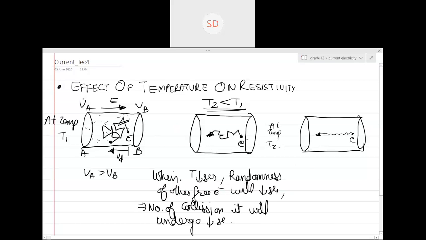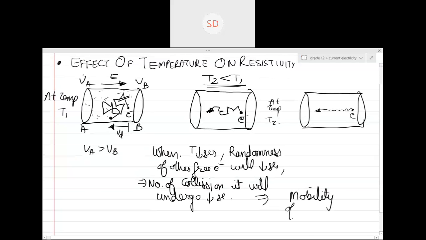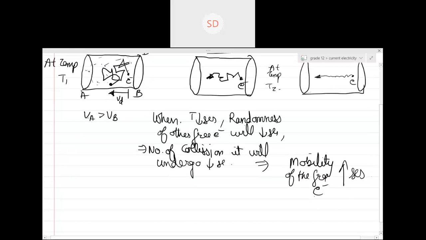So always remember, when temperature decreases, randomness of other free electrons will decrease. That implies the number of collisions it will undergo will decrease. That implies the mobility of the free electron increases.